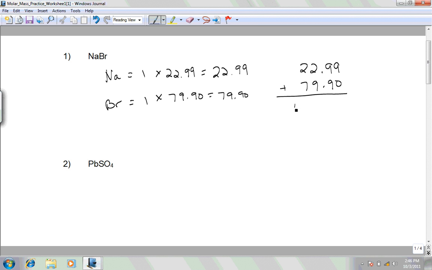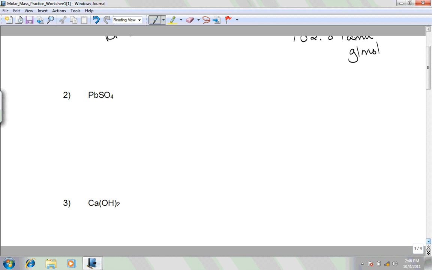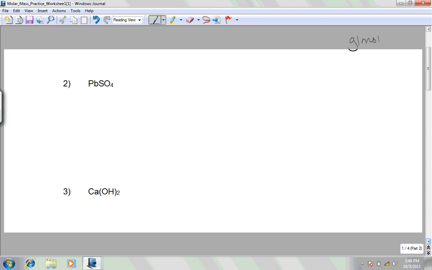And that comes out to be 102.89 AMUs. Or we could use grams per mole because that's what we're going to be using for the conversion factors. Technically it's AMU, but when we're using these numbers as conversions, the units that we're going to be using are grams per mole.